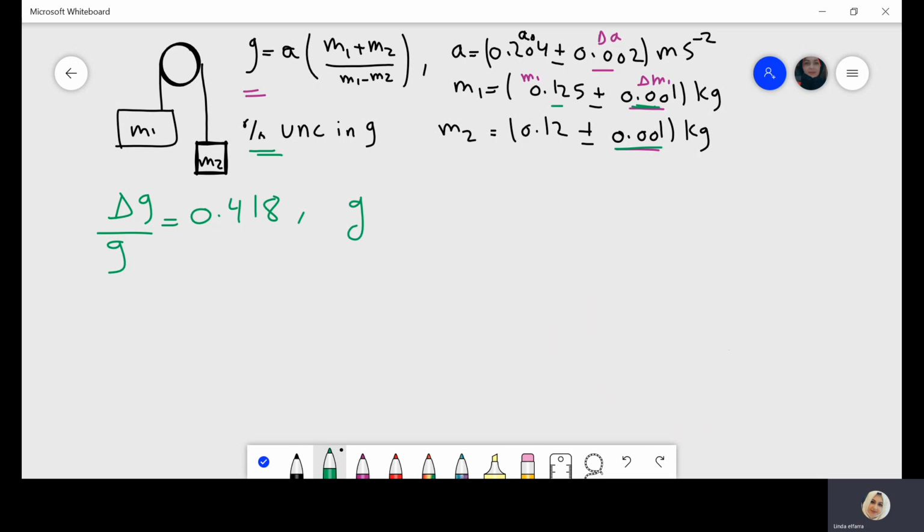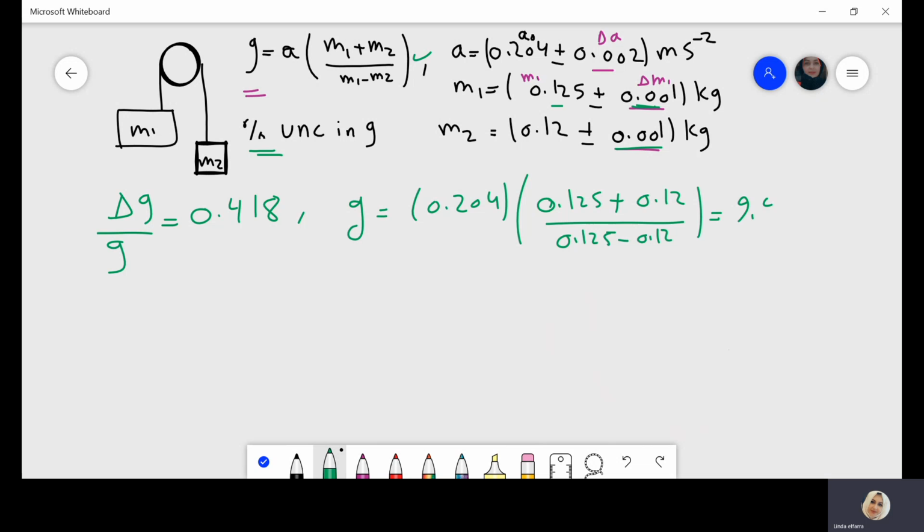I need to find G first from this equation. The value for A, the acceleration, is 0.204 times (M1, 0.125 plus M2, 0.12) divided by (M1, 0.125 minus 0.12), and this value is 9.996 meters per second squared.